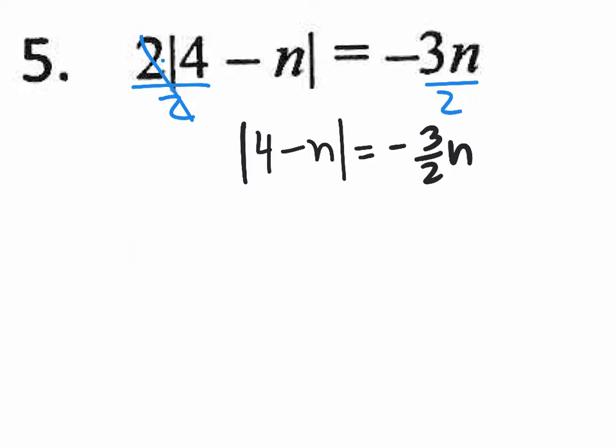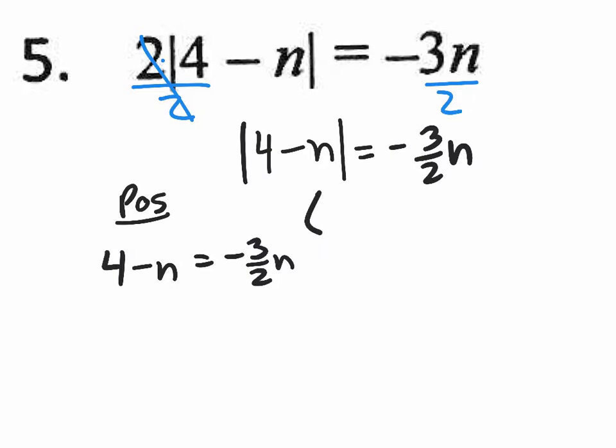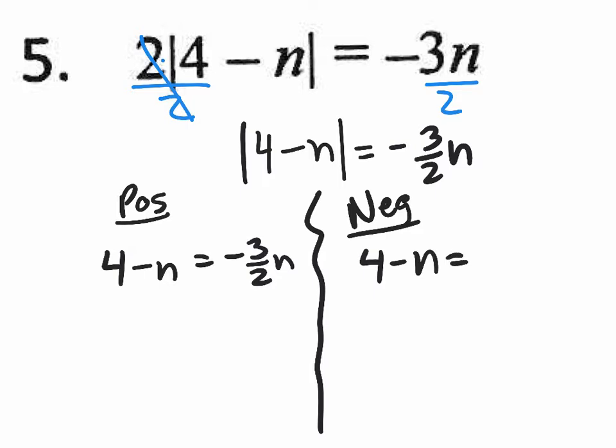Now that we have the absolute value isolated, we'll do the positive situation, which is 4 minus n equaling negative 3/2 n. It's the same exact thing, but no absolute values. The negative situation is the same thing, 4 minus n equaling, but instead of a negative 3/2, it's going to be a positive 3/2 n.